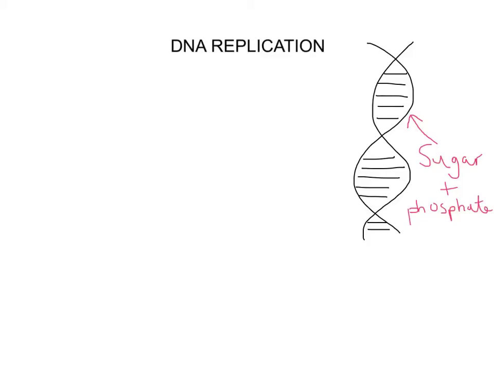And in between those strands, what we have are nitrogenous bases. And you see them sometimes given their letters A, T, C, G, representing the chemicals adenine, thymine, cytosine, and guanine. That's a very basic, simple sketch of a DNA molecule.